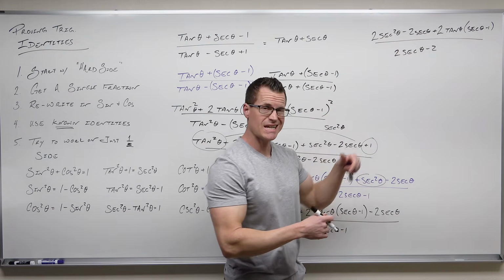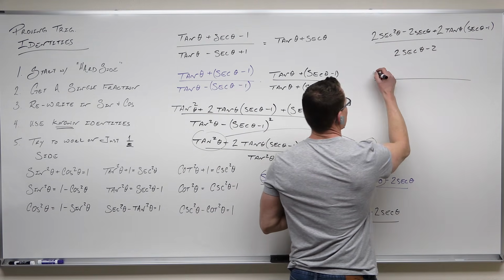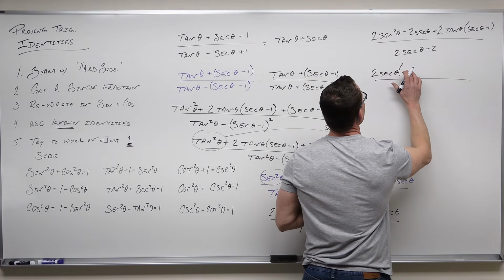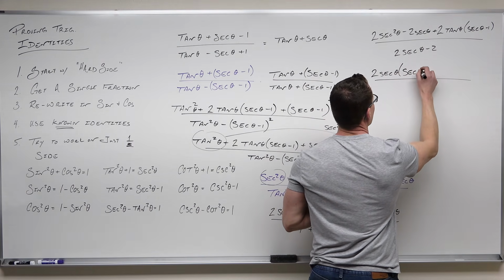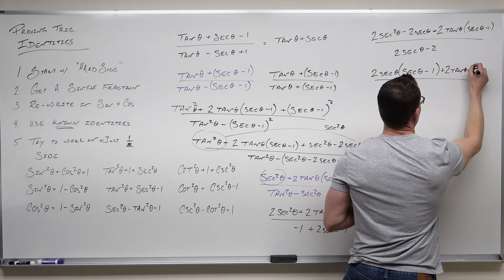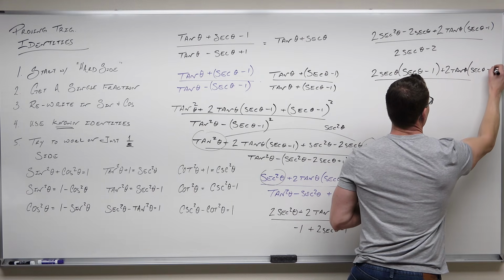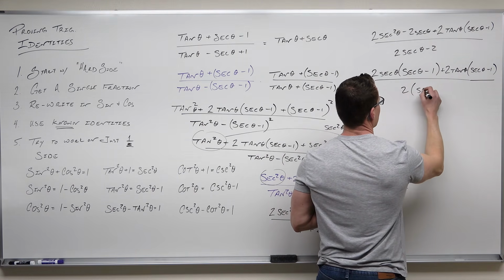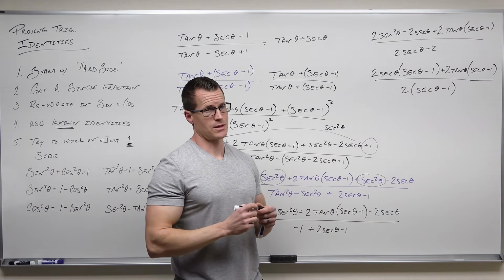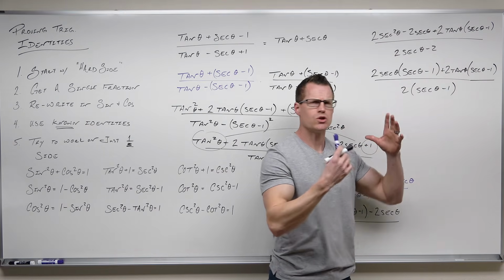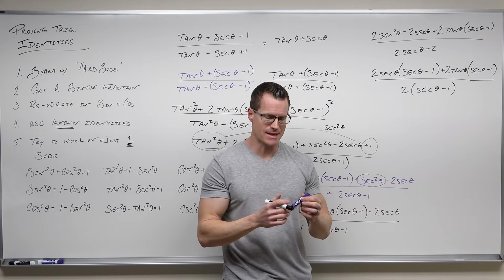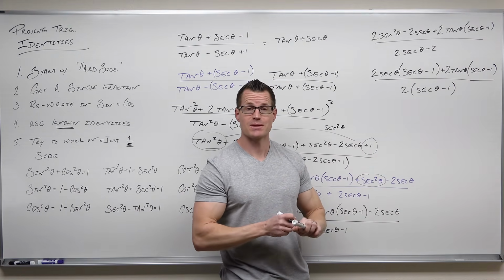We're going to factor a 2 secant theta from the numerator. And we see that we can do one of two things. We have 2 huge terms, both of which have secant theta minus 1. You could factor that out, but this also has that. So use some math here and simplify all of them.